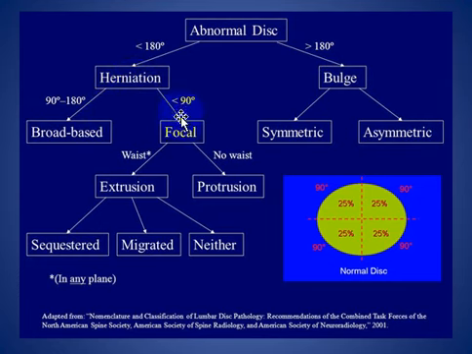If it is less than 90 degrees, it is focal, with either protrusion or extrusion, and the extrusion might be migrated or sequestrated. And the 90 to 180 is broad based.